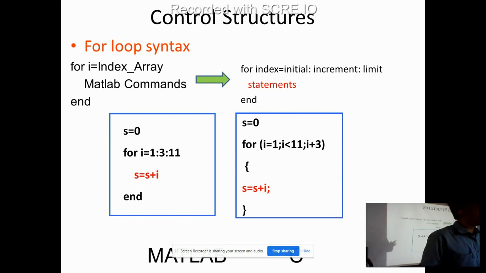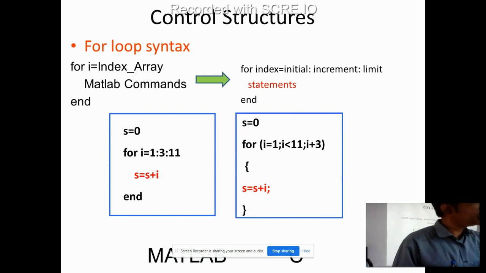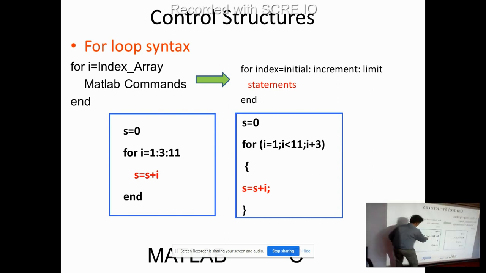So what is the syntax difference? There won't be any opening and closing braces. There will be a difference of syntax terminology in this part and in this part. And there will be an end statement there. There won't be an end statement in C.